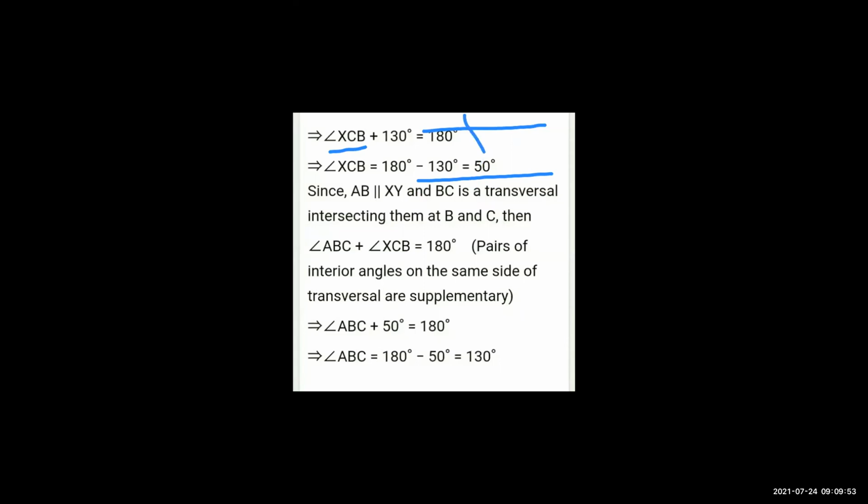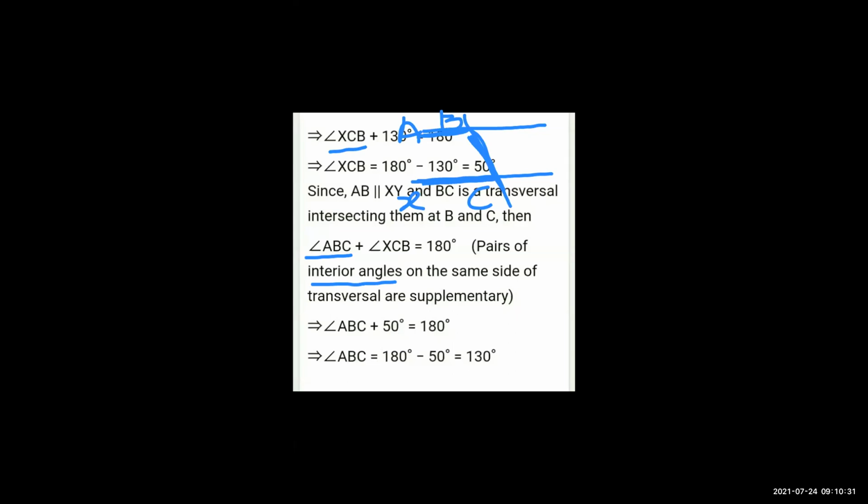Here was BC, that was point C and that was point B. Now if I take BC as a transversal, then angle ABC, where the A point was here, and angle XCB, where X was the point here, are again a pair of interior angles.